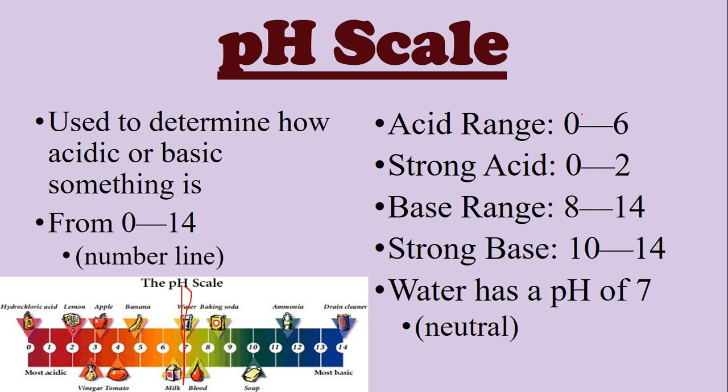So an acid's range is somewhere between 0 and 6, with your strong acids 0 to 2. So if something has a pH of 1, it's an acid, and it's a strong acid. All right, bases range from 8 to 14, with the strong bases being somewhere between 10 and 14. And pure water has a pH of 7, and we call 7 neutral.